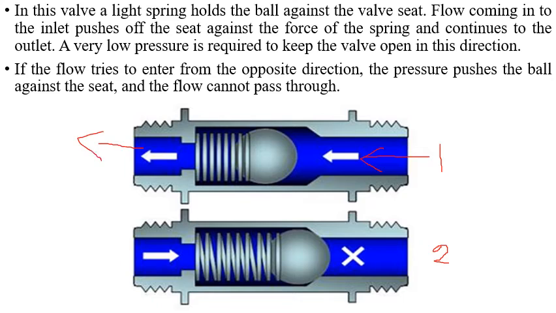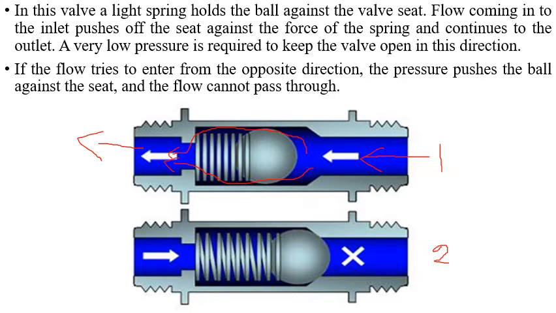In this case, what will happen? The pressurized liquid comes and acts on this ball poppet. The ball is moved out of its seat against the spring force. Look at the diagram, and the flow is moving like this towards the outlet. The fluid moves like this towards the outlet, and this is happening in the first diagram.